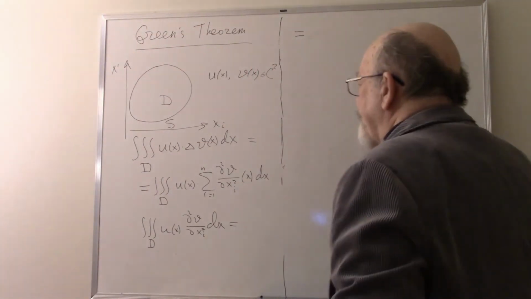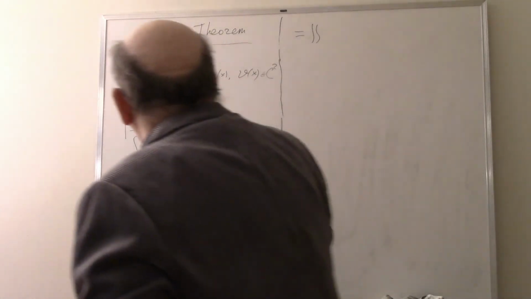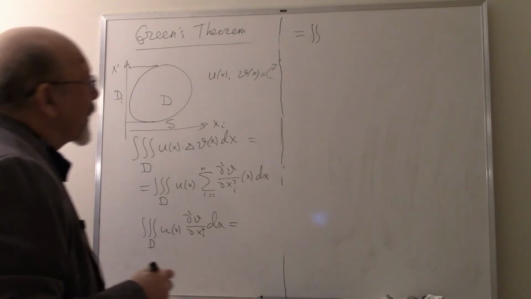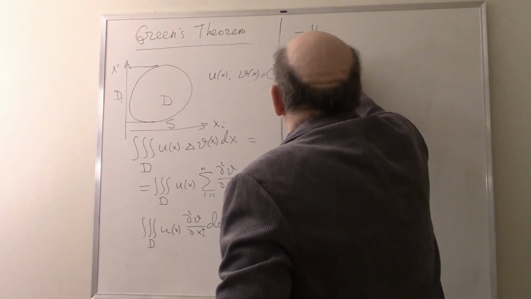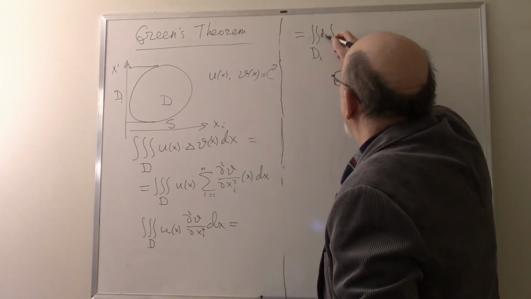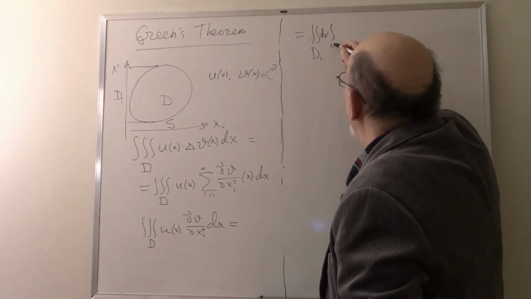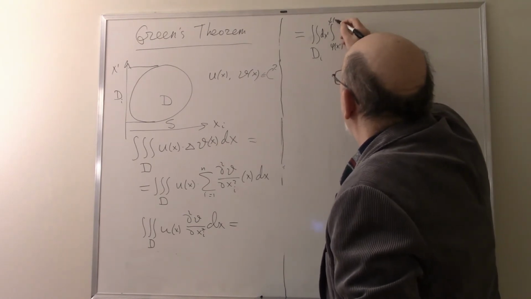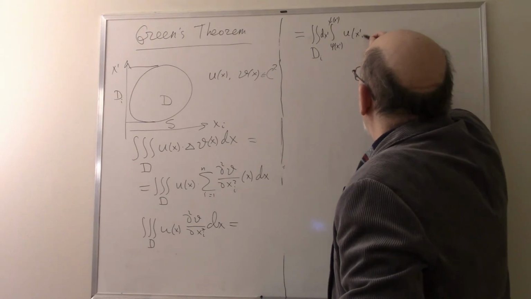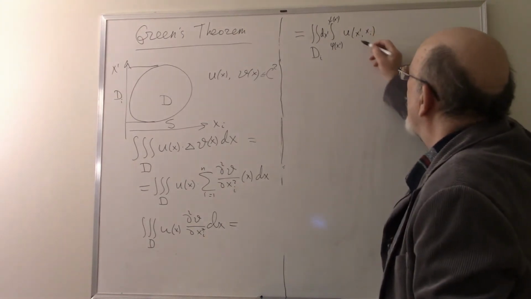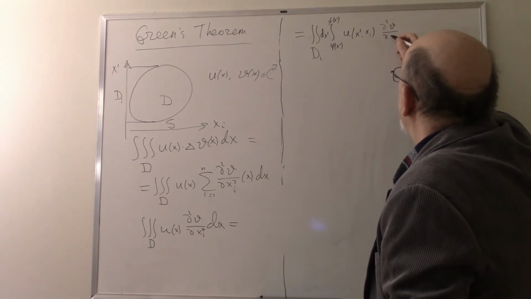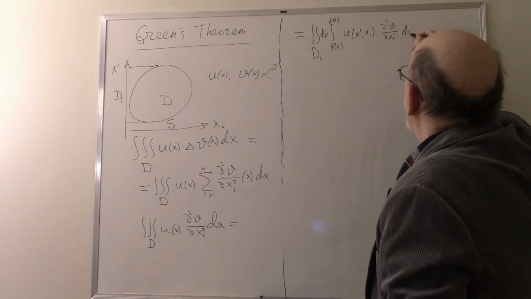It equals the integral over Di, the projection on x prime, of dx prime, integral from phi of x prime to psi of x prime of u of x prime, xi times d2v over dxi square dxi.